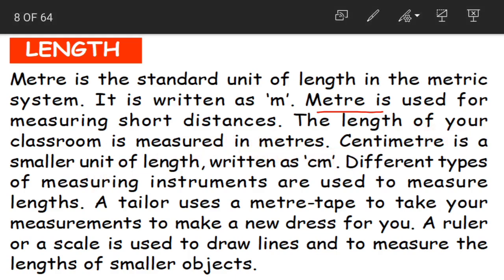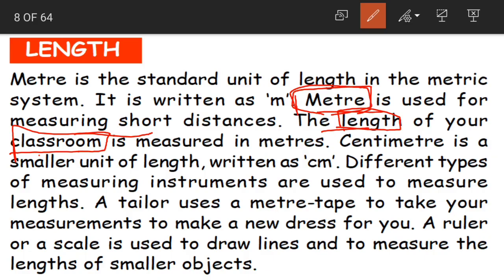When is meter used? Meter is used for measuring short distances. That means how short? The length of your classroom. Classroom is a small room, right children? It's not a very big room, not a big palace or something. It's just a small room, that is our classroom. If we have small rooms like that, we can measure the total length of those rooms using our meter.